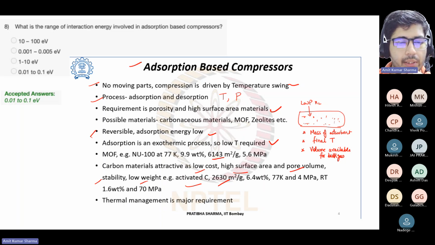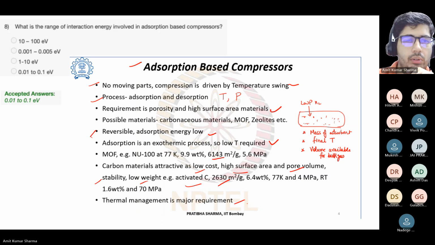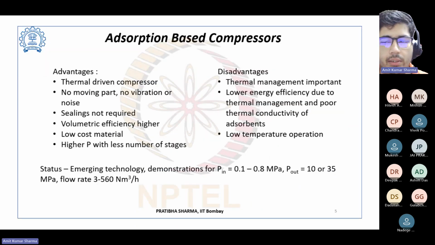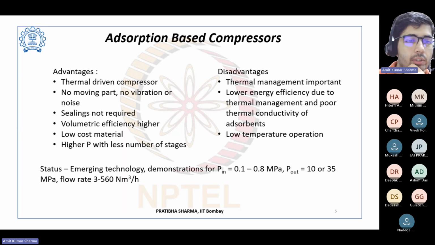Thermal management is a major requirement for adsorption based compressors. Advantages: thermally driven compressor, no moving part, no vibration, noise, or sealing required. Volumetric efficiency is higher, low cost material, high pressure with fewer stages. Disadvantages: thermal management, low energy efficiency, and low temperature operation.